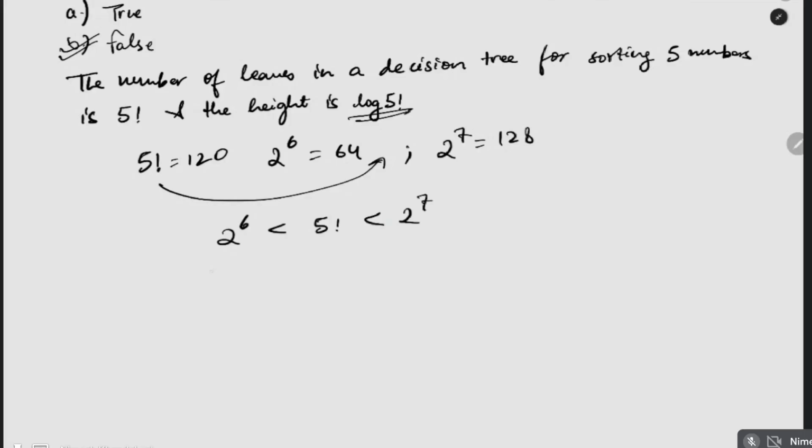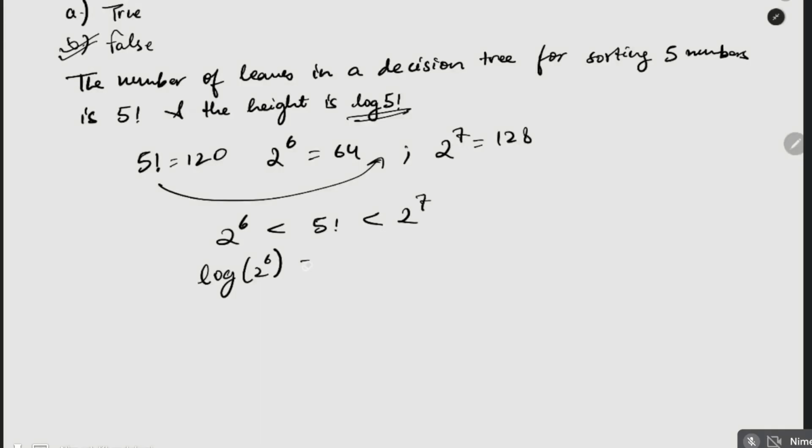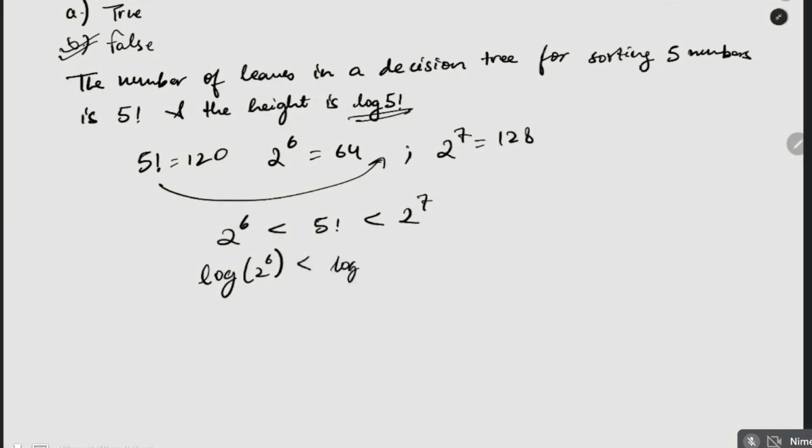So we take log of all of them and the signs do not change because it's a monotonous function again. Log base 2 of 2 to the power 6 less than log of 5 factorial is less than log of 2 to the power 7, right?